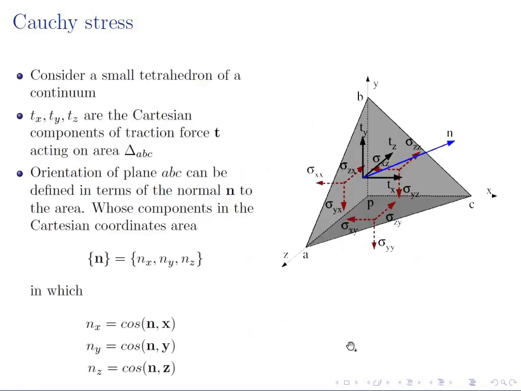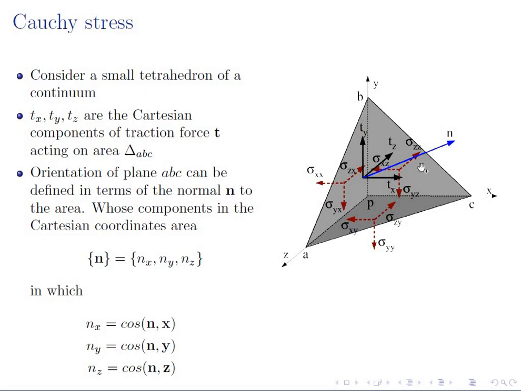For this, let's consider a tetrahedron A, B, C, P. Let's say the face A, P, B is subjected to the stresses sigma xx, sigma zx, sigma yx. Similarly, the other two faces are also subjected to some stresses in the three-dimensional frame. The resultant of these stress components on face A, B, C is equal to the traction T, whose components in the x, y, and z directions are Tx, Ty, and Tz.